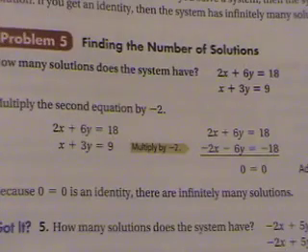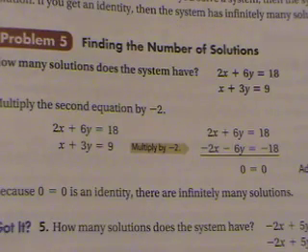Now, each of these sections, 6.1, 6.2, and now 6.3, has ended with examples where there are no solutions or where there are infinitely many solutions. And I've kind of been skipping over it because it doesn't involve a whole lot of actual math.